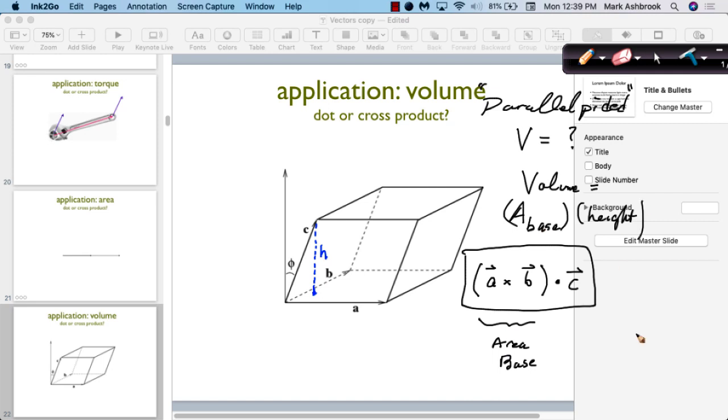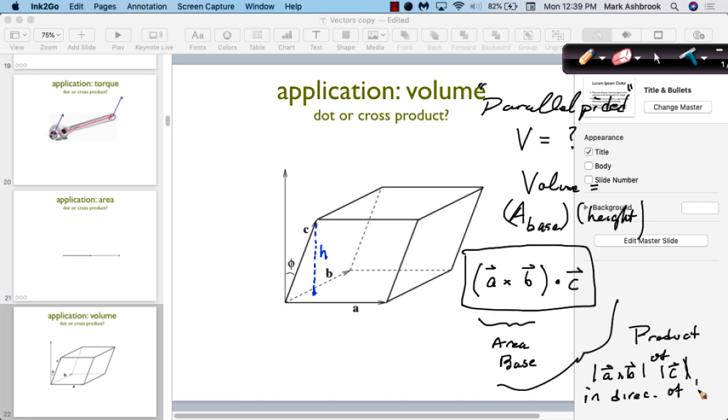So it's both cross product and dot product. So this is the product of A cross B and C, but only as much as is in the direction of H. So we get the product of the magnitudes, and then the part of C in the direction of H gives us exactly what we need, area of the base times height.